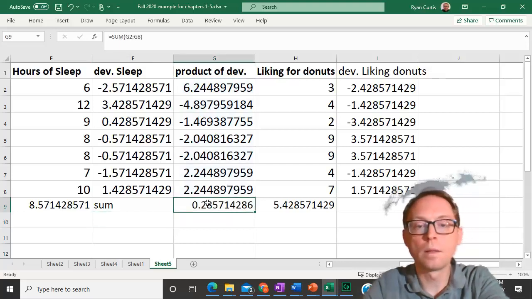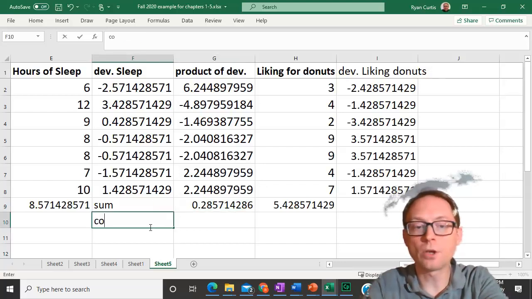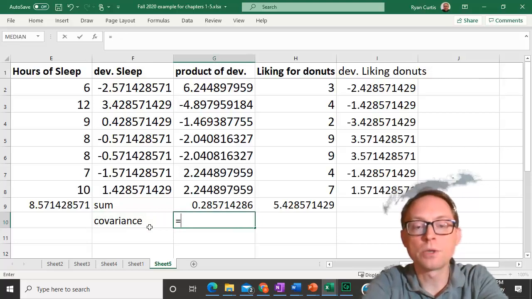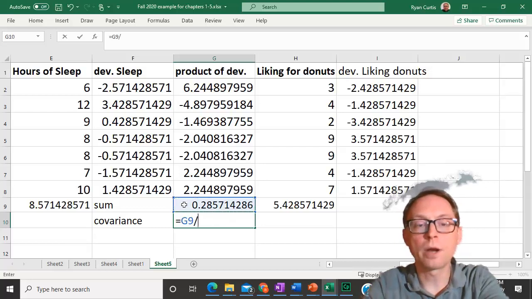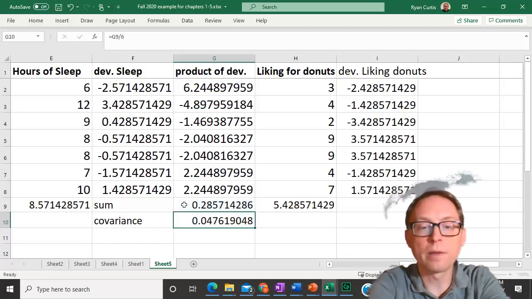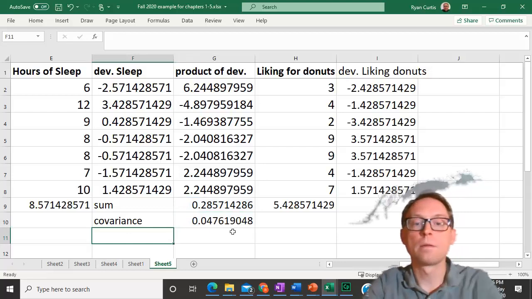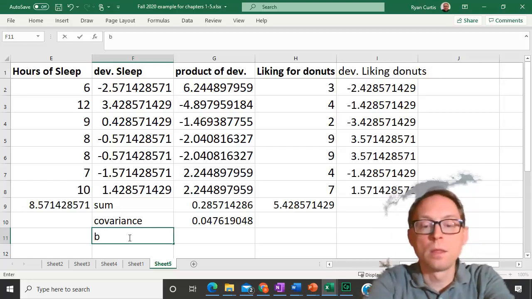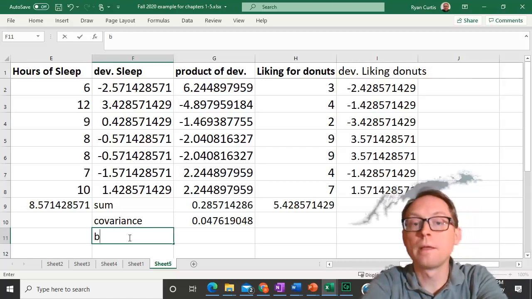And we get 0.2857. But that's not the covariance yet, because covariance is going to be the sum of the product of deviations divided by n minus 1. Our n in this case is 7, so it's going to be that number divided by 6. 0.0476, roughly 0.05.